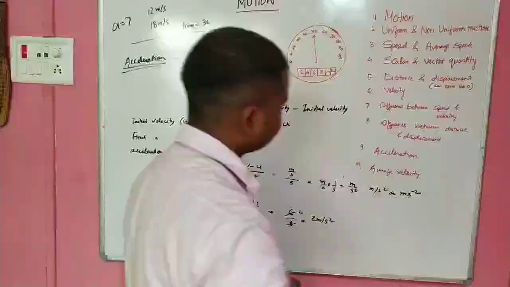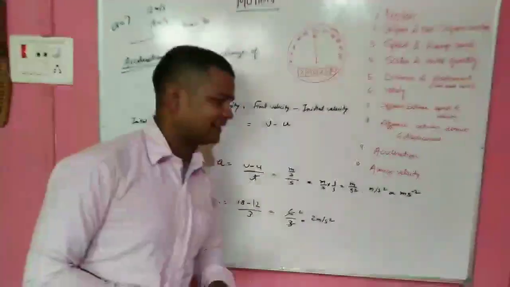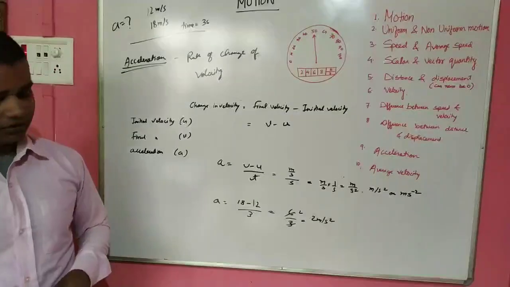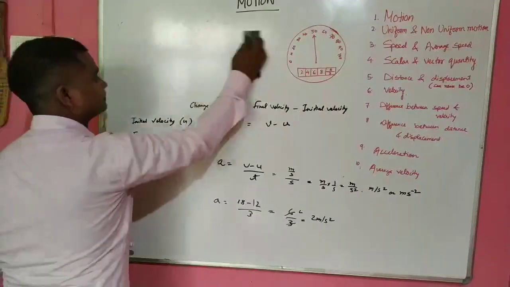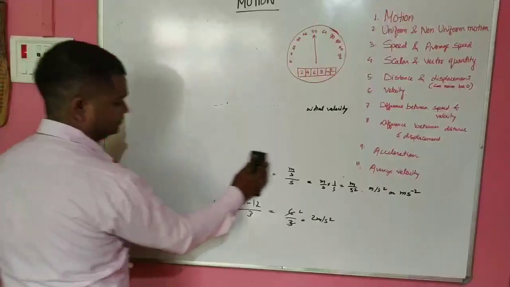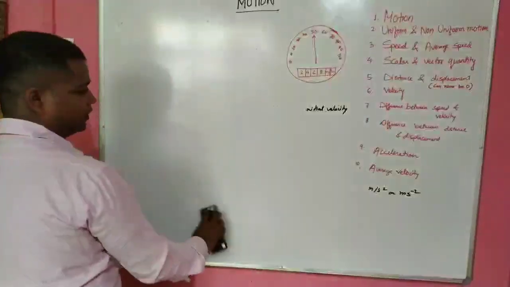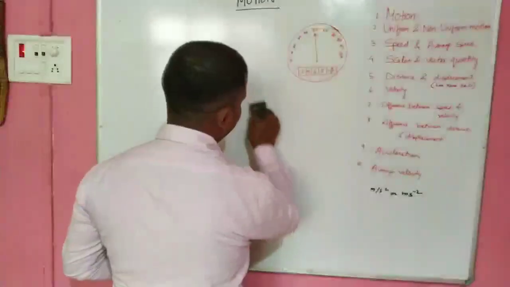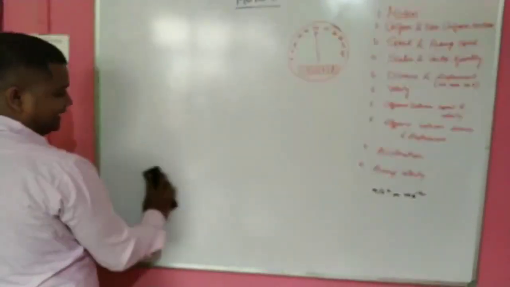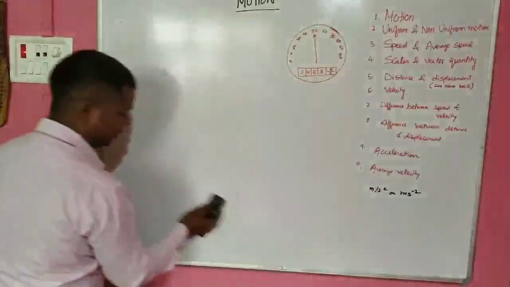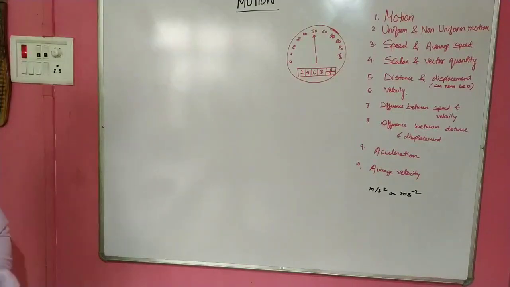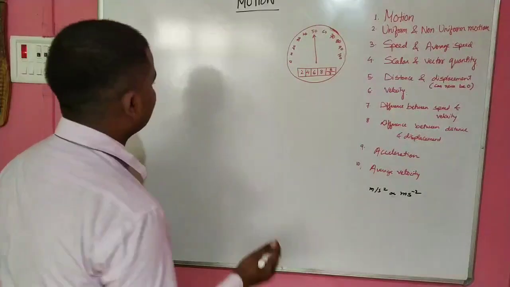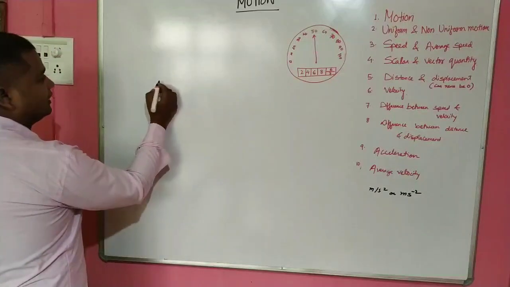So, is that clear? Now, the final topic is average velocity. Now, let's see what is average velocity. Later on, we will be solving numericals, because you will be getting one numerical for sure in examination. So what is average velocity?